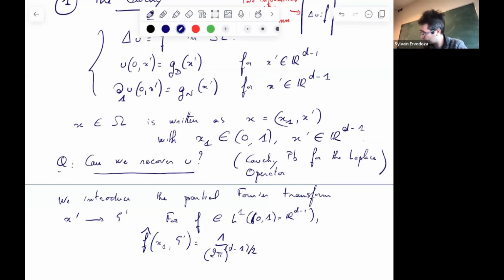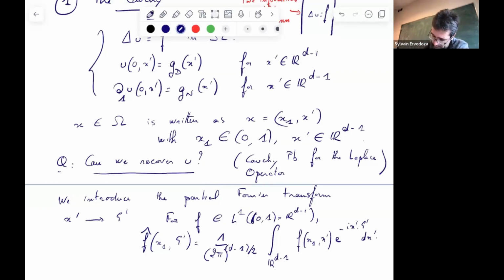So this is just a normalization of the Fourier transform, integral on R^(d-1) of f(x_1, x') exponential of minus i x' dot psi' dx'.